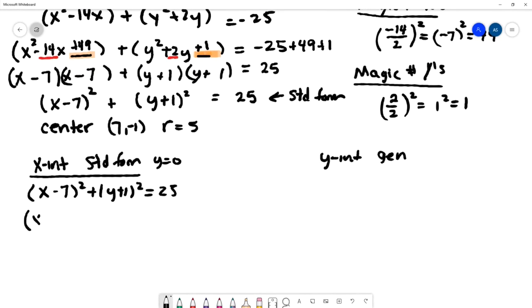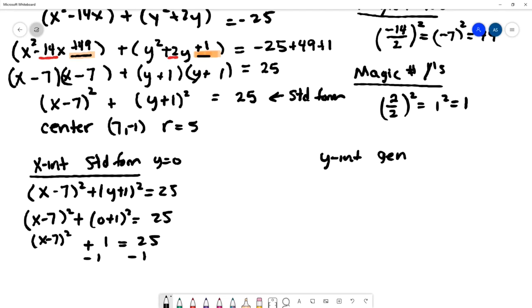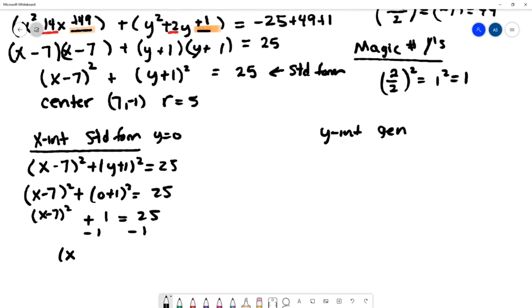So that gives the equation x minus 7 squared plus 0 plus 1 squared equals 25. 0 plus 1 is 1, and 1 squared is 1. I'll subtract 1 on both sides. That gives x minus 7 squared equals 24.